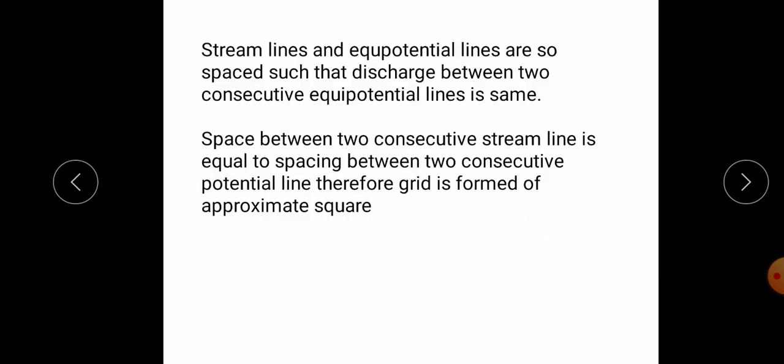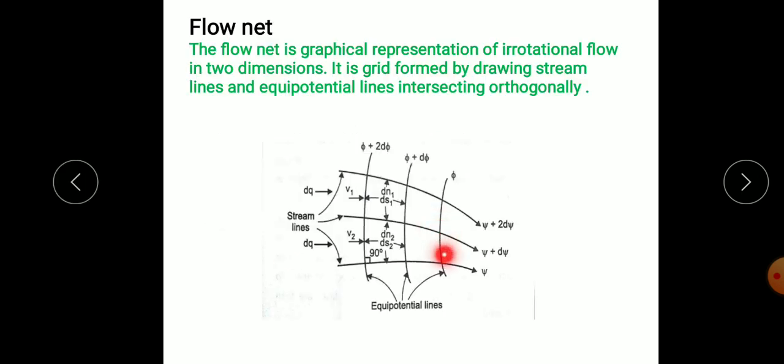Again, we have considered the spacing between two consecutive potential lines and consecutive streamlines to be equal. So the grid formed is approximately square. This difference and this difference are approximately the same, so we can consider the grid to be nearly squares. So this is a flow net.